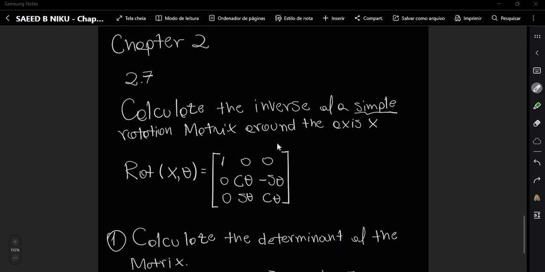So we are still on chapter 2, and I keep repeating this. I think chapter 2 of this book is one of the longest, and it is good. It's full of information.